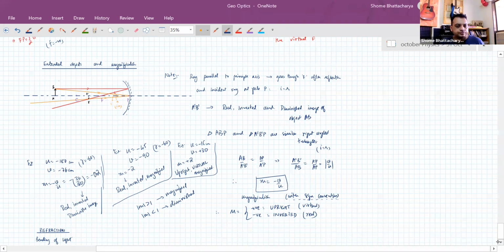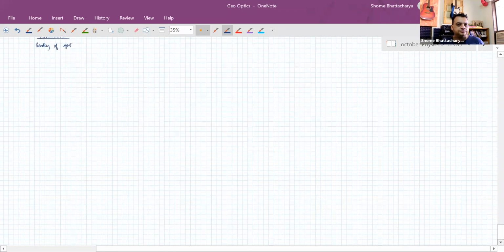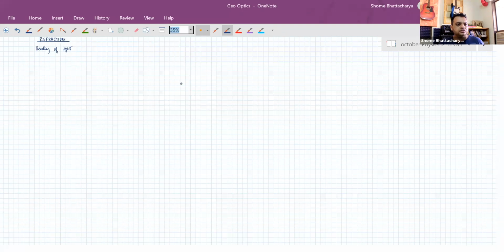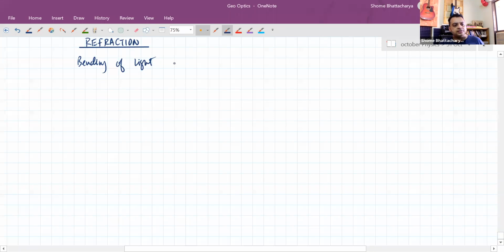Okay, people. So now coming to refraction. As you know, as a phenomenon, refraction is the bending of light as it passes from one transparent medium to another.